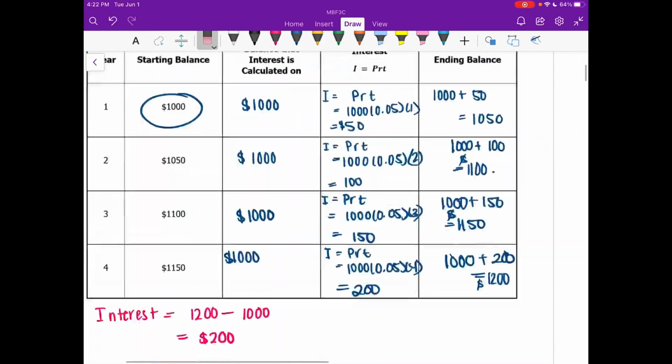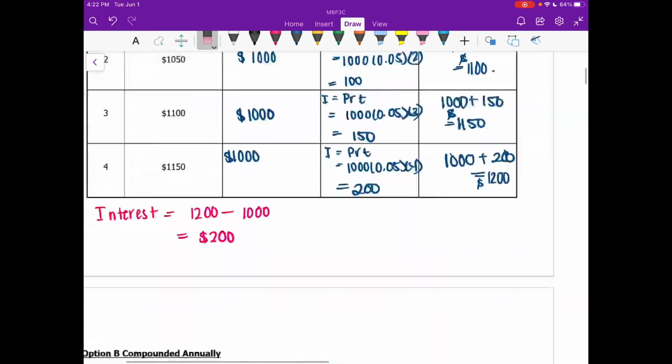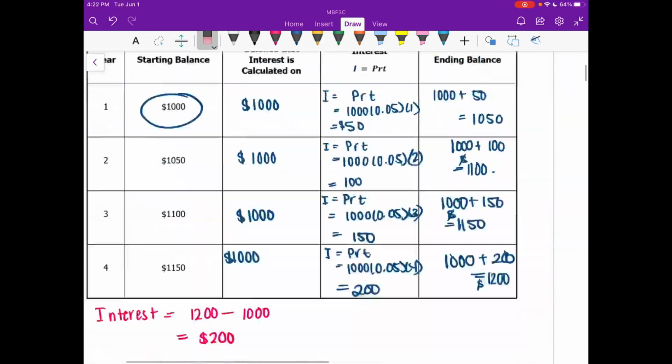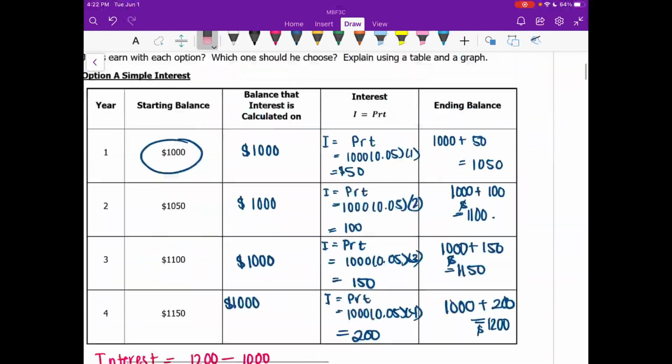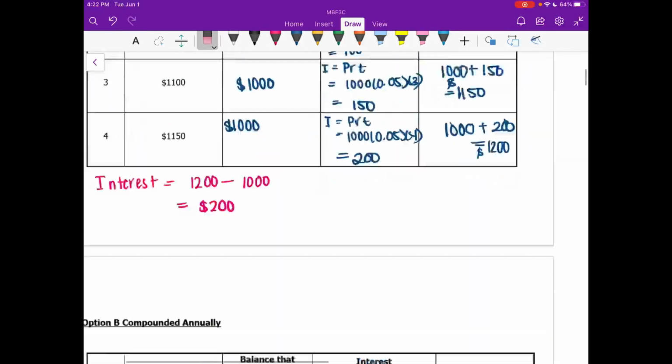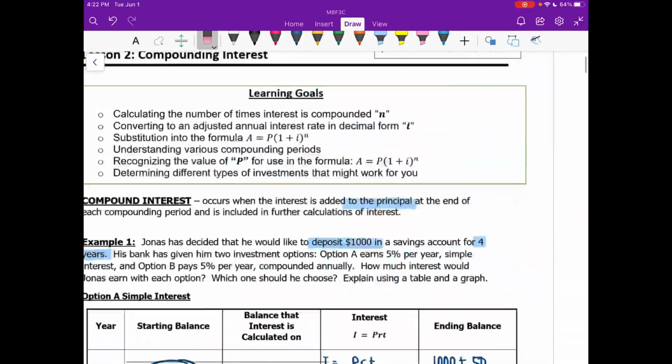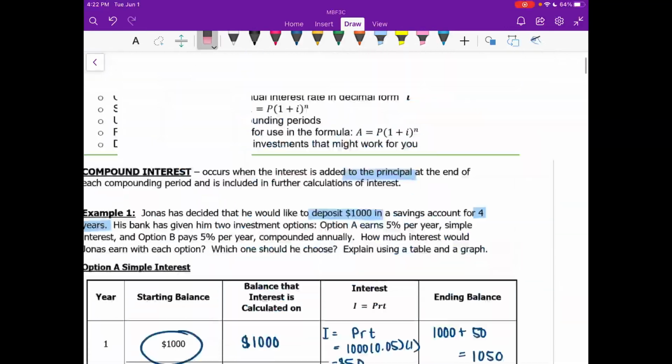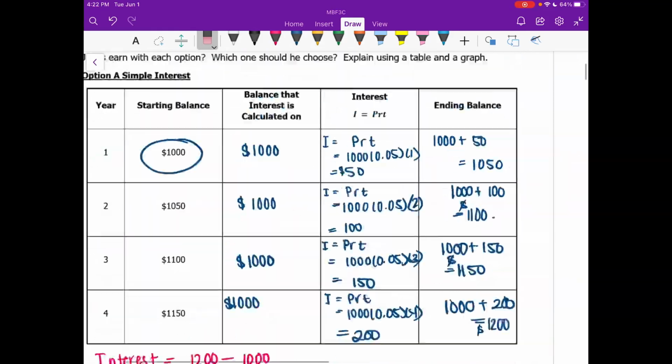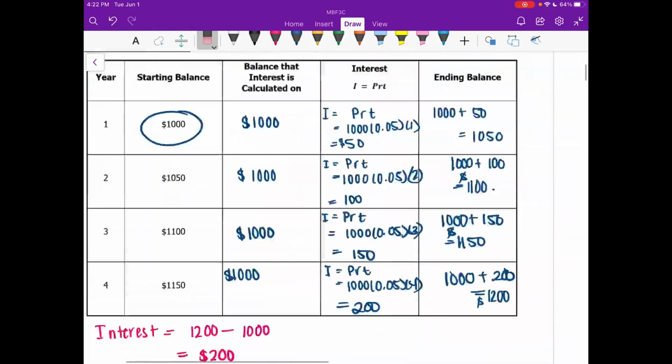So let's put that into the formula. A equals 2,000 times (1 plus 0.07) to the power of 5.